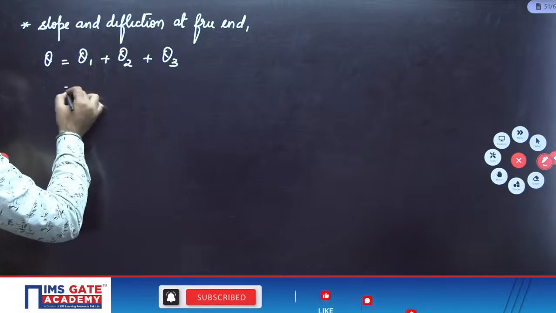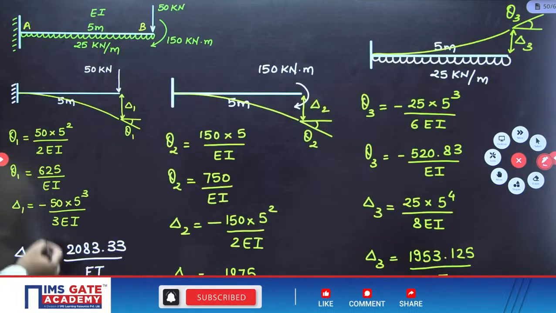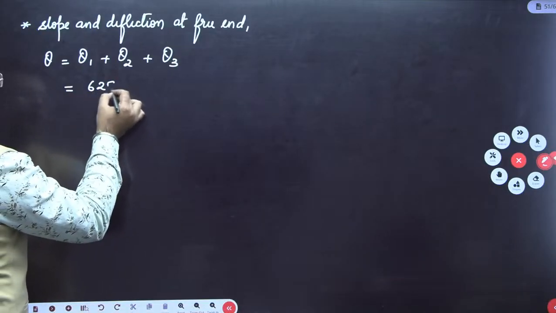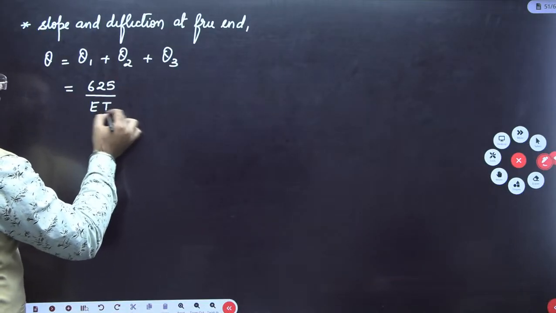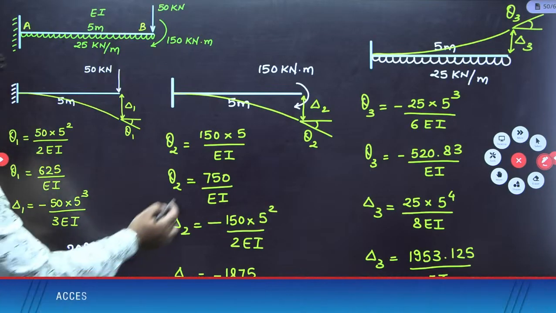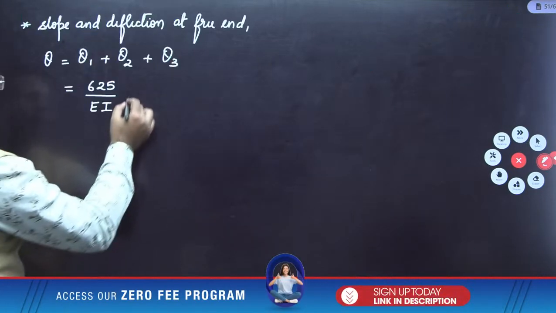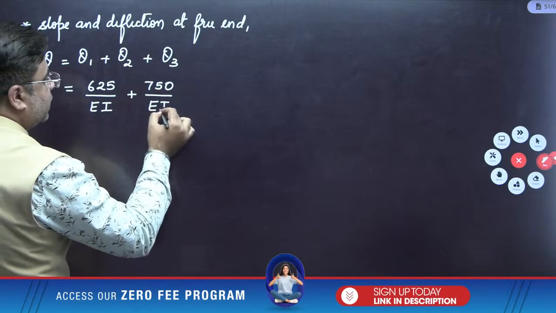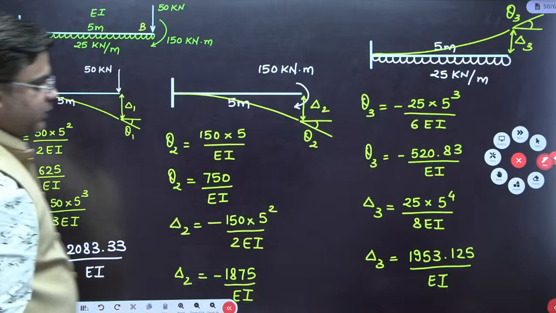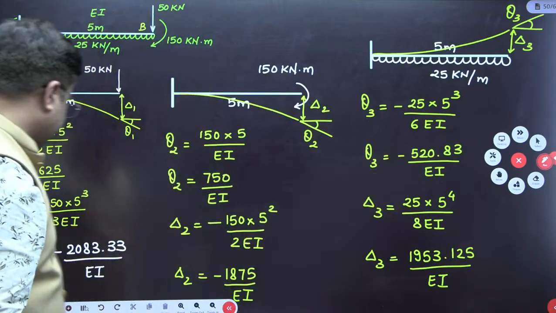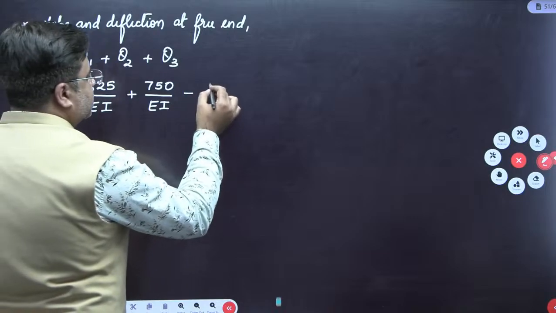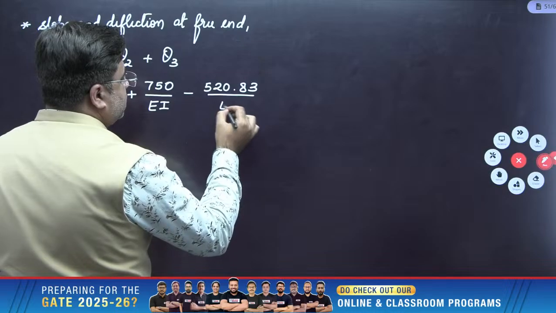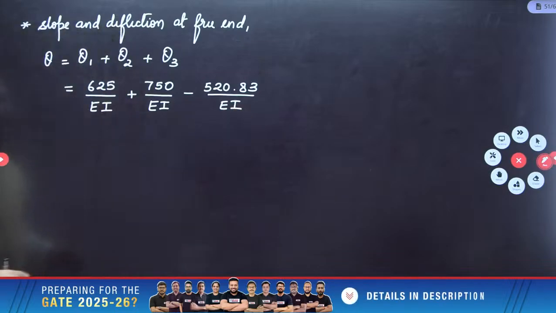Don't only consider the magnitude. Theta 1 is 625 upon EI. Theta 2 is 750 upon EI. And then you have theta 3, which is minus 520.83 upon EI. Please take the sum.